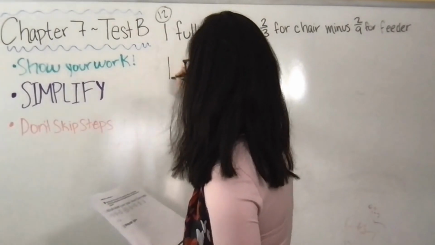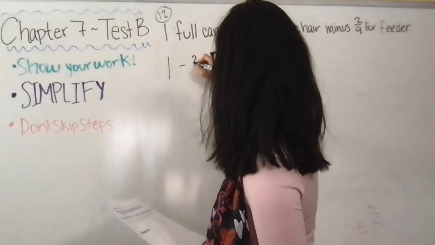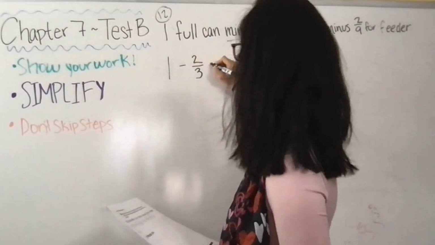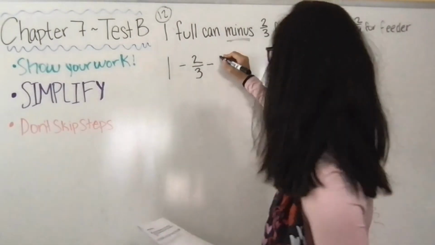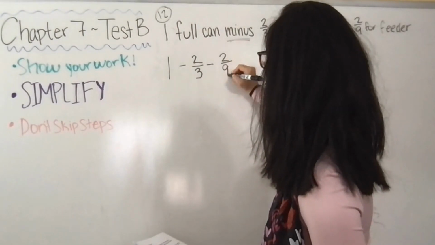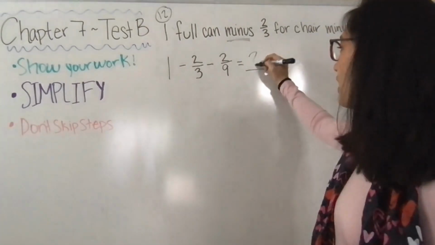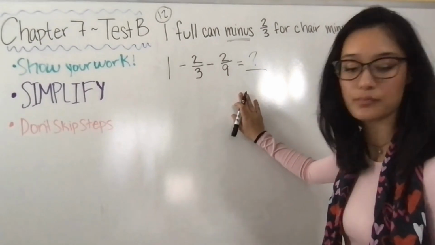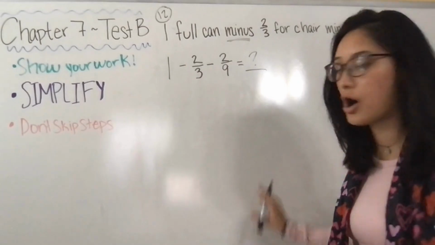So 1 full can of paint minus 2/3 for the chair minus 2/9 for the feeder means she has how much paint left? So we still have to find a common denominator.